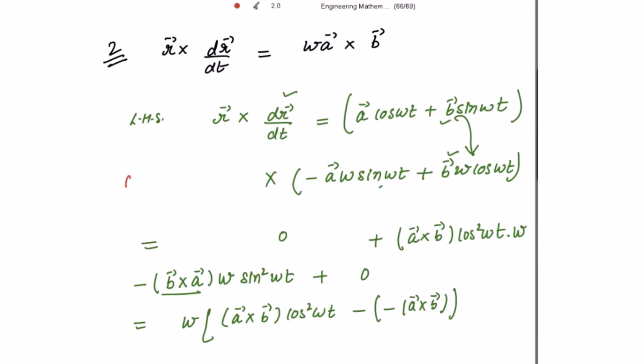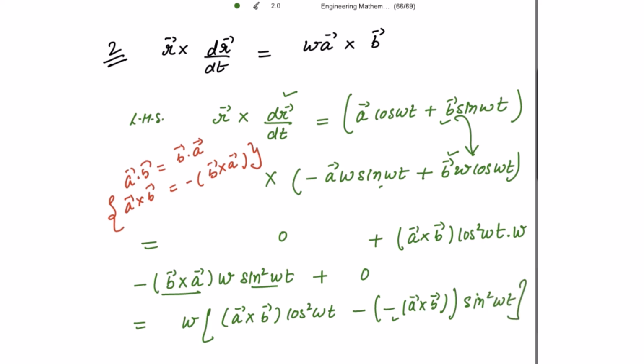Please remember, if we have the dot product, then there is no change of sign. But if I am having the cross product, we have the negative sign with this b cross a, right? So using this, we have the negative sign over here, the remaining sine square wt. Minus minus gets to be as plus.